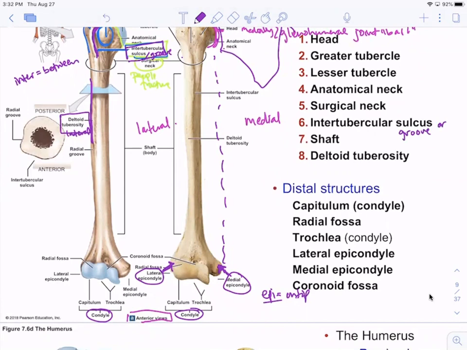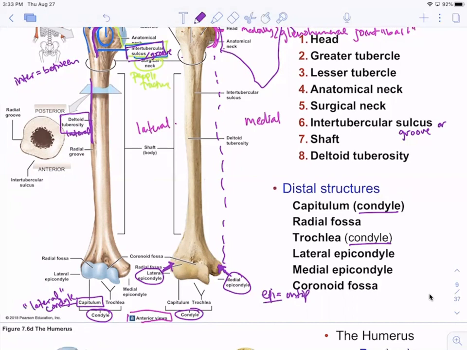The distal end has condyles, but we don't name them condyles. So the lateral condyle is called the capitulum. That is the lateral condyle. Remember, condyles are the rounded ends of a bone that articulate with another bone, right? So it's an area where one bone is going to kind of form a joint or articulation with another bone.